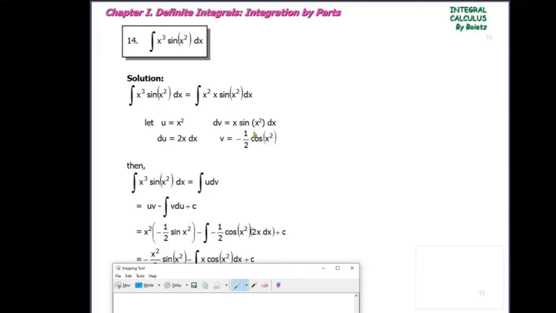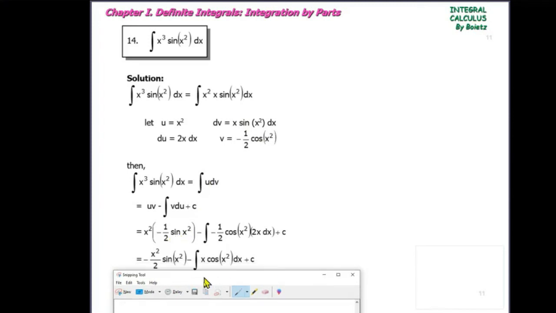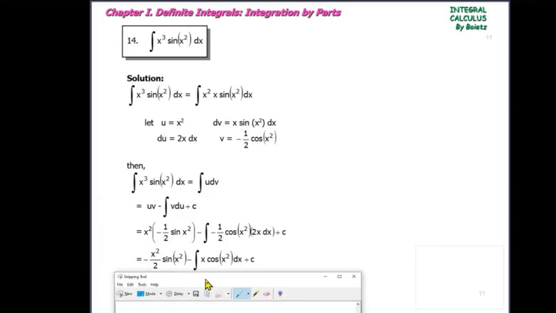Tama ba? Dapat ito cosine. Negative 1/2 cosine. So typographical error to. This will become negative 1/2 cosine x squared. Ano? Tama, class. Okay. So negative 1/2 cosine dapat to. Ba't ganun? Para lumabas yun ang sagot.